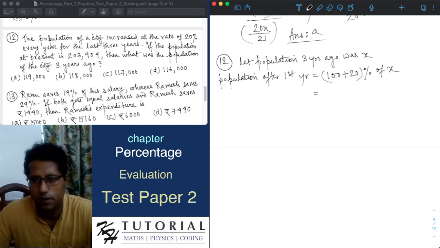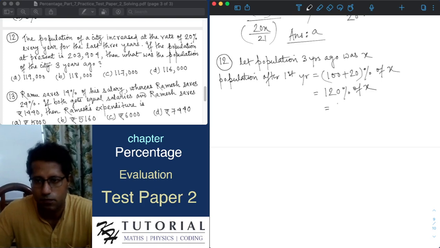This is 120% of X. This is 120x by 100, and this is 6x by 5.